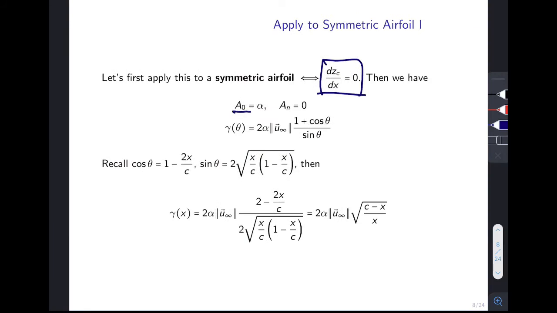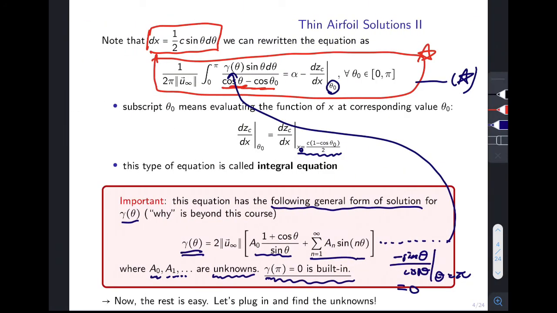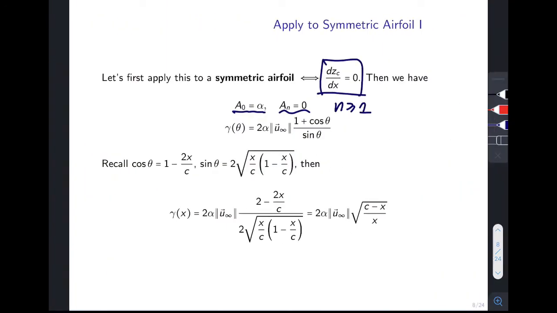Other terms are going to be 0. That means A0 is alpha, and an will be 0 for any n larger or equal to 1. So the gamma theta will have a much simpler expression. You just plug in A0 equals alpha and an equals 0 into this expression, and you get gamma theta, which is the expression right over here.